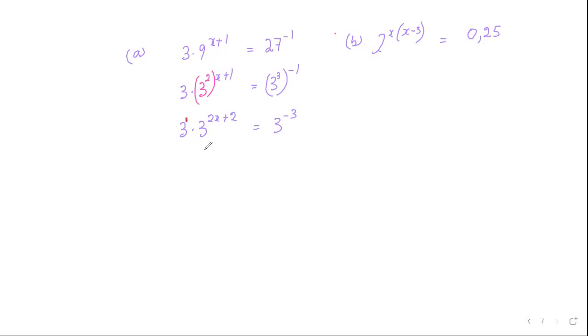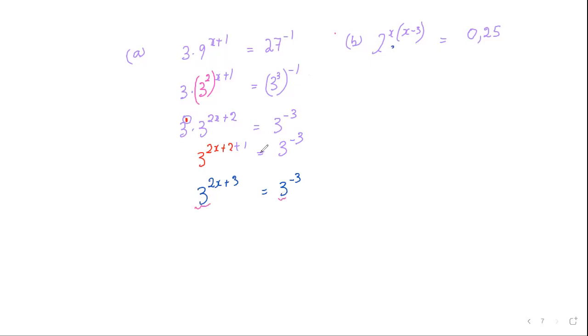Exponent 1 there. Now that becomes 3 exponent 2x plus 2, plus the 1 that comes from there. That will be 3 to the negative 3. That becomes 3 exponent 2x plus 3 is equal to 3 exponent negative 3. Therefore, once more, the bases are the same.